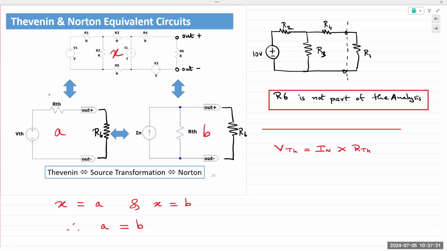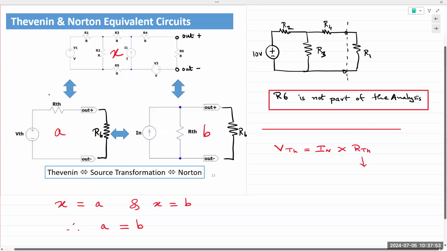So if we are trying to determine the Thevenin equivalent circuit for any larger circuit, we can find any two of the quantities and then determine the third. But there are often times where we cannot find the resistance directly.